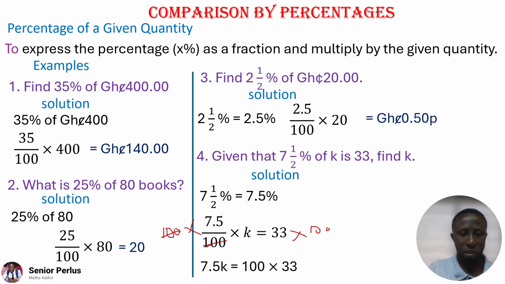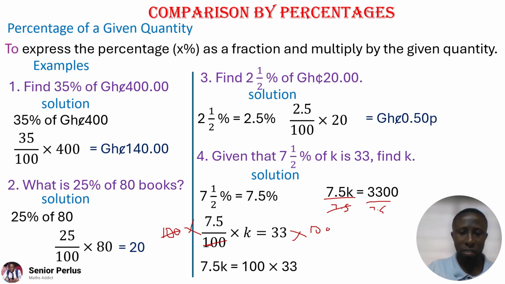So 7.5 times k, and this times 100. Then you make k the subject. From here, we have to find k. The 7.5 is attached to k, so you divide both sides by 7.5 to remove the 7.5 from there.